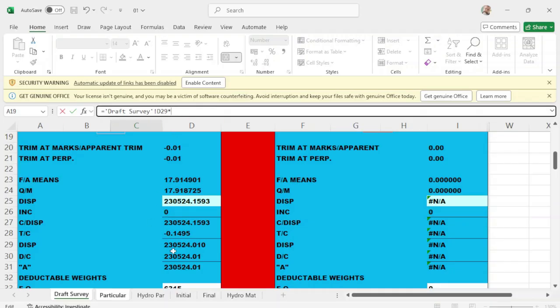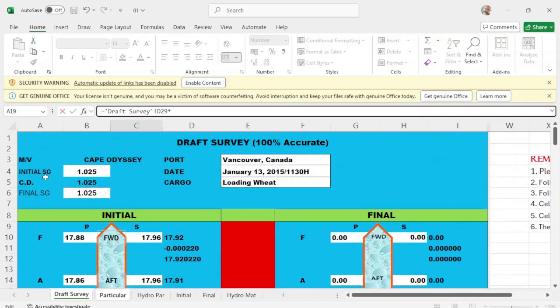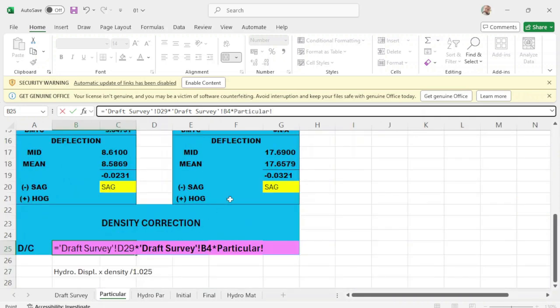This is your displacement times your local density, which is initial, this one. Okay. Then times, go to particular, over.